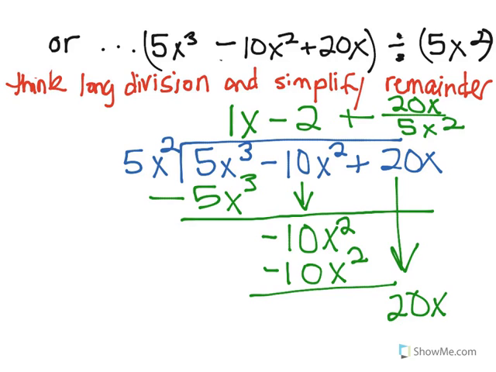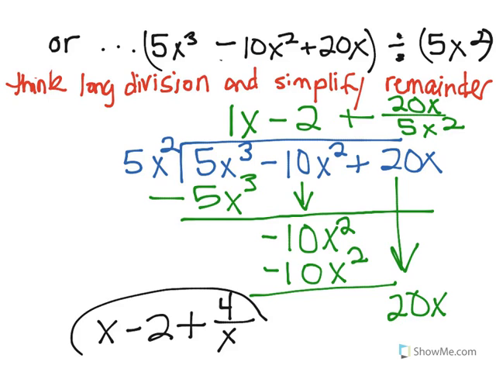Well, this remainder isn't in simplest form, so we can rewrite our answer as x minus 2 plus 20 divided by 5 is 4, x over x squared leaves us with an x in the denominator. So you see we get the exact same answer. We just got it by looking at it in long division terms.